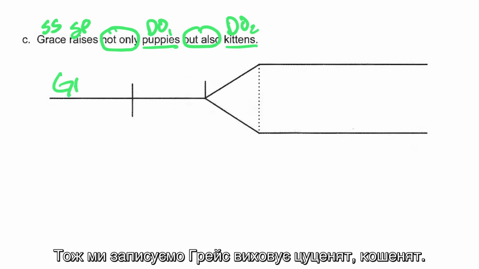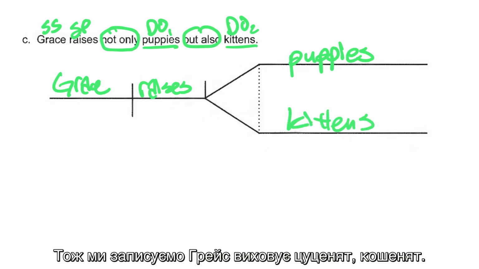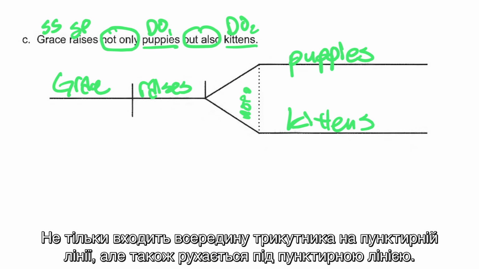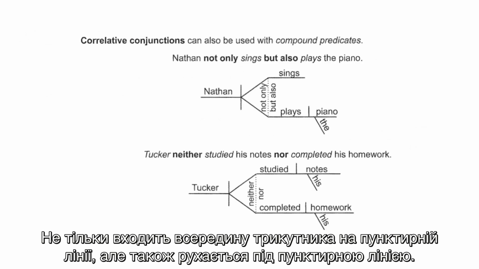So we write down Grace raises puppies, kittens. Not only goes inside the triangle on the dotted line, but also goes floating below the dotted line.